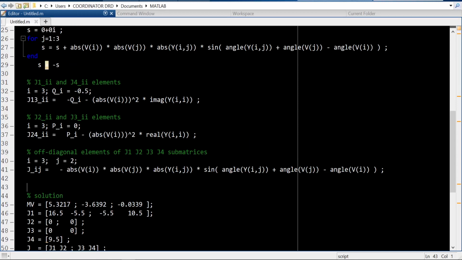So I equals 3, and Q3 is the same, minus 0.5.